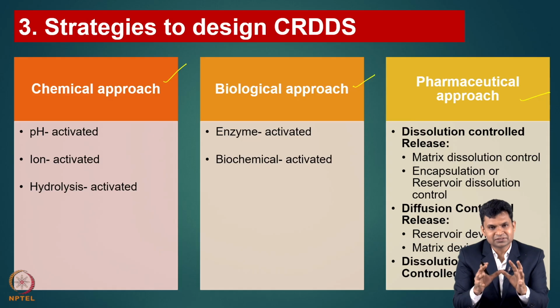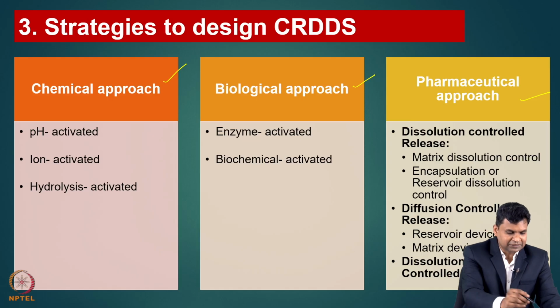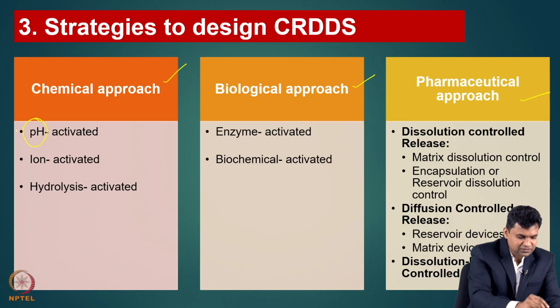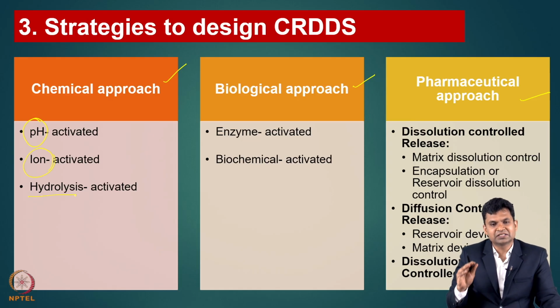So, the drug release mechanism will depend on the chemical approach, either by the pH, by using ions, or by hydrolysis. So, these are the three strategies we will see in the chemical approach.